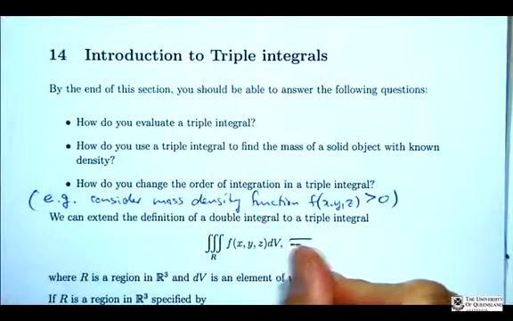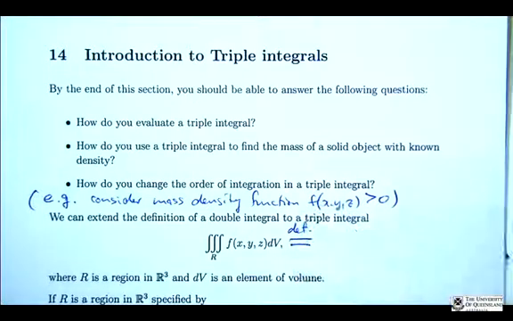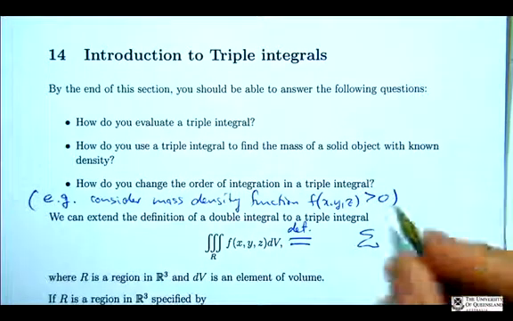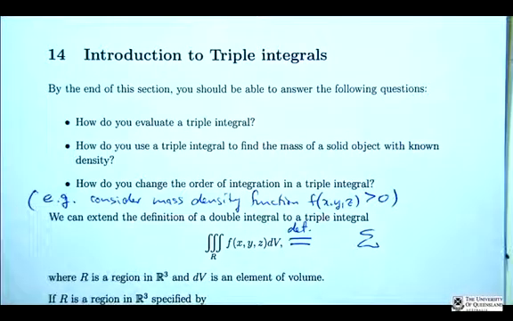Firstly, the definition. The definition of a triple integral very naturally extends that of a double integral, and indeed that of a definite integral of a function of one variable. We take the sum, and I'll just leave it as a summation, where really what we're going to do is take a region in three dimensions, chop it up into small cubes, and then take this sum over all of those cubes, or boxes if you like.